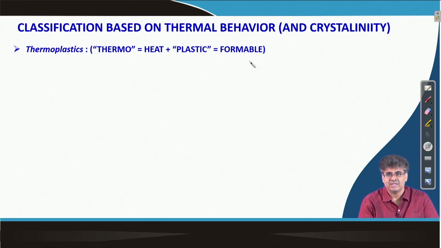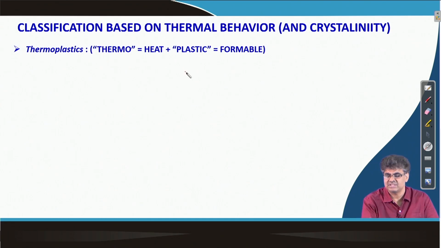And how can you make it? We can make it after heating. On heating, the material becomes softened, and once it is softened, we can give that softened material a shape or design that we want. That is why the term is formable.